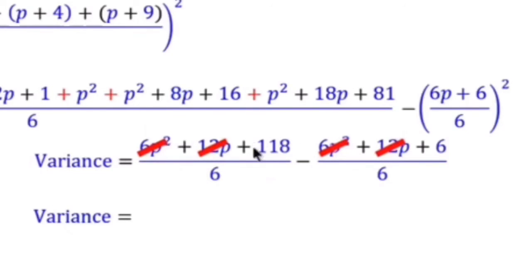Plus and minus cancel out already. So it looks much simpler: 118 minus 6 is 112. The simplest answer is 112 over 6. After you simplify to the simplest form, it is 56 over 3. So the final answer is 56 over 3.